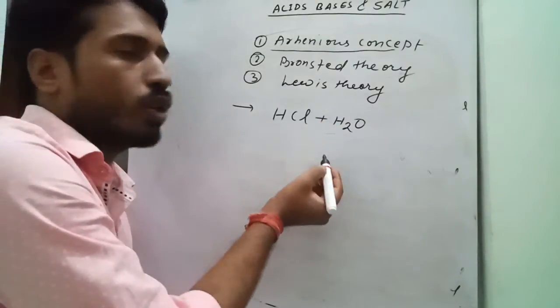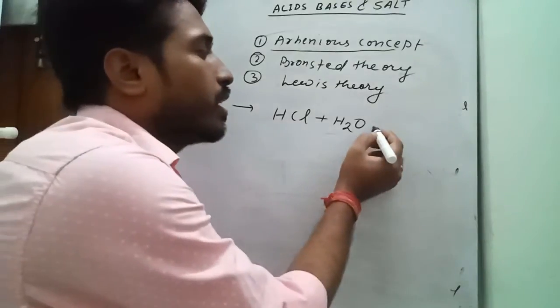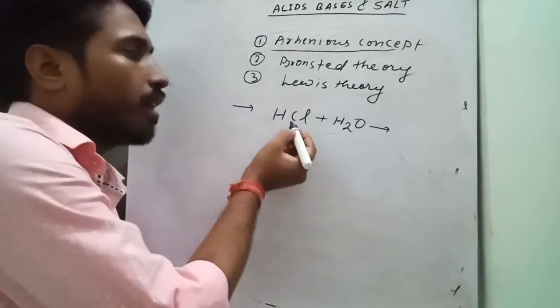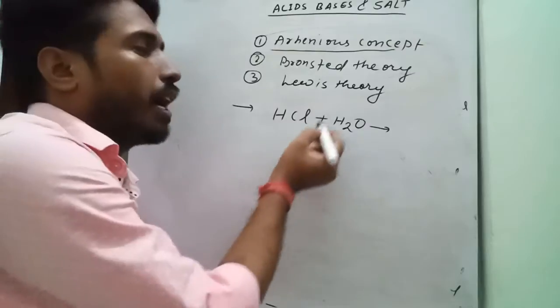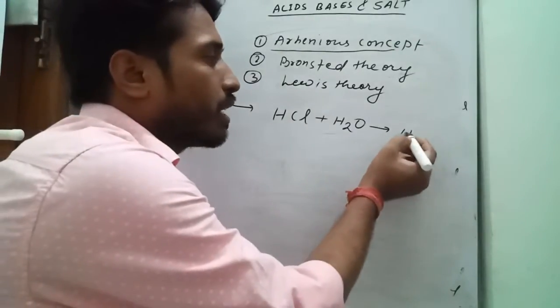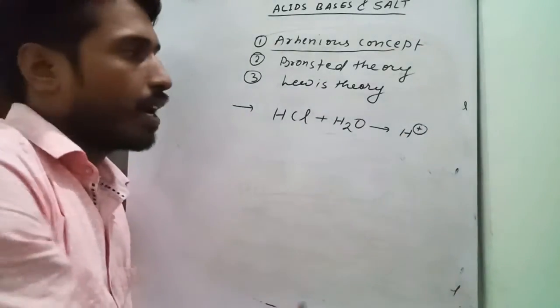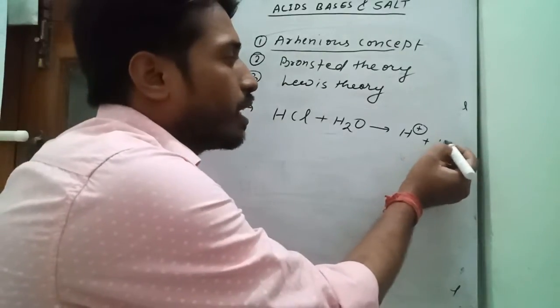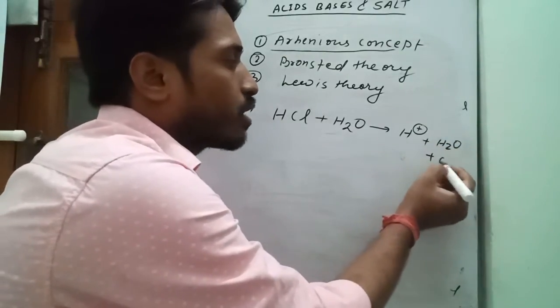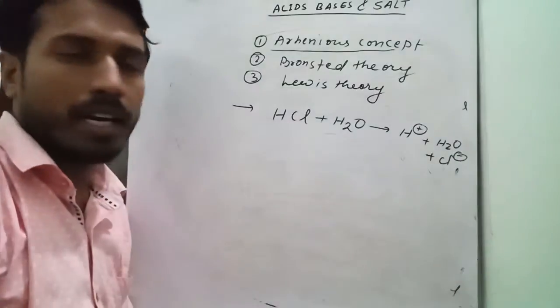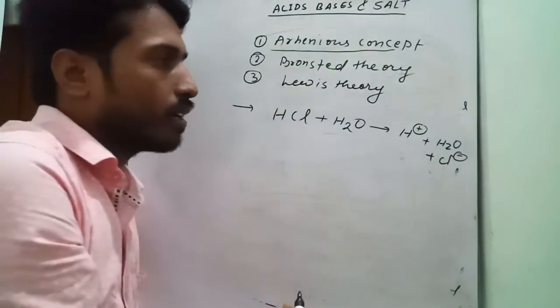Upon dissolution, according to Arrhenius, HCl will first give H positive ion in water H2O, and we will also have a negative ion, that is chloride ion.